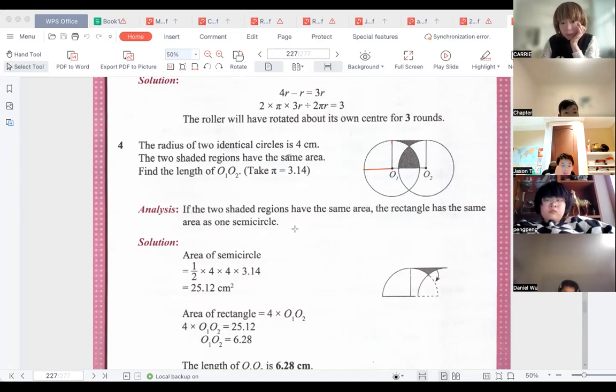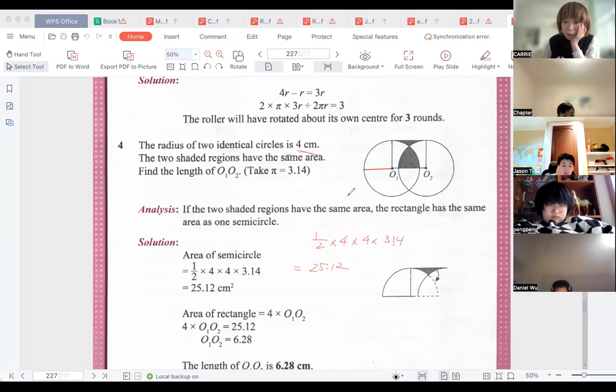The area of the semicircle is exactly, because everybody, do you know the measurement of the red one? The measurement of the red one is 4 centimeters, right? So that's why the area of the semicircle is half times 4 times 4 times 3.14. Correct? Which is 25.12 centimeters squared.